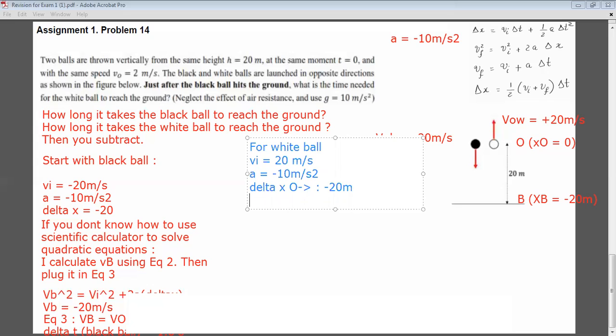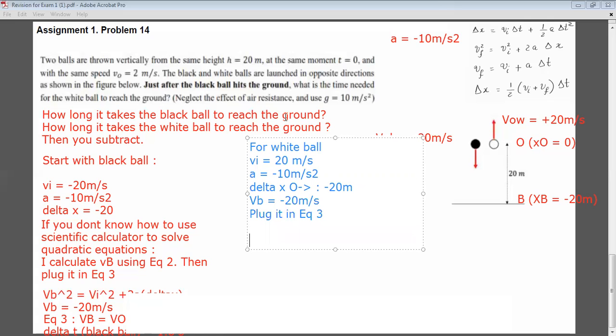So first I will get VB. If you do the calculation, you will get V final to be, let me check because I have the answer here, it is also minus 20 meters per second. Okay, and then I plug it in equation 3.